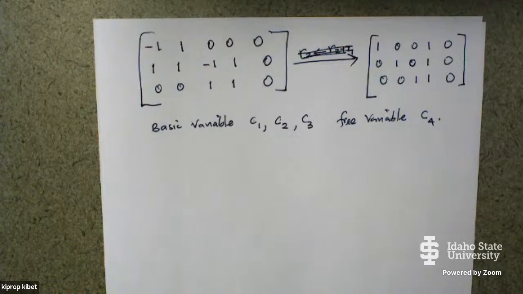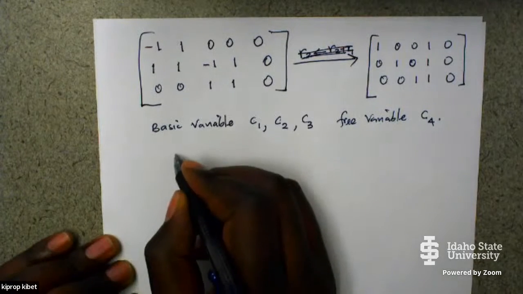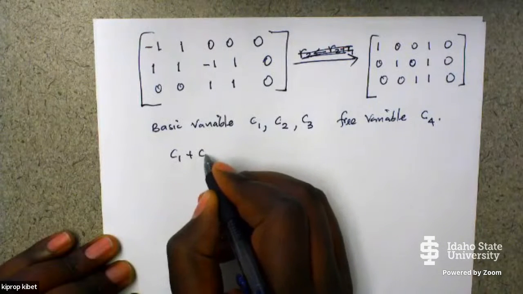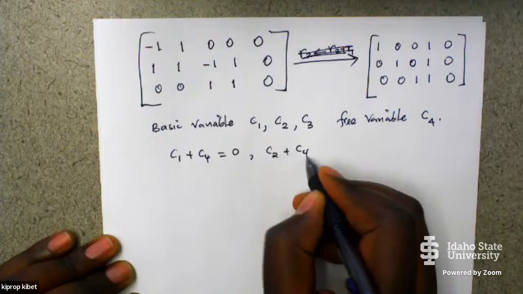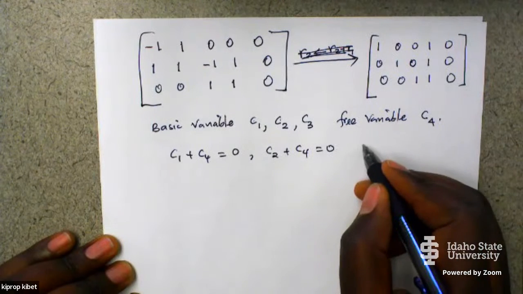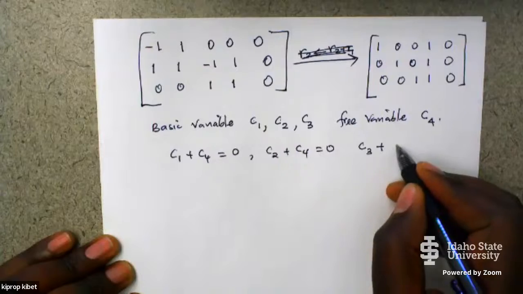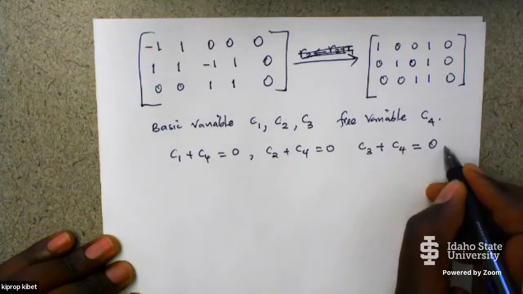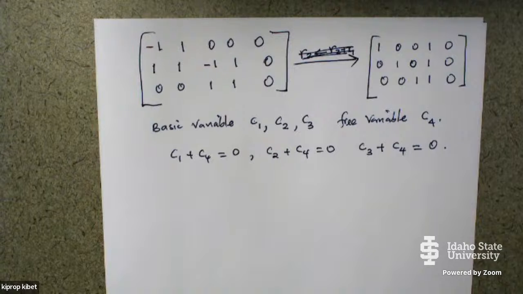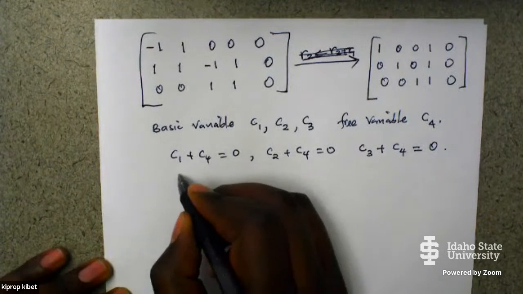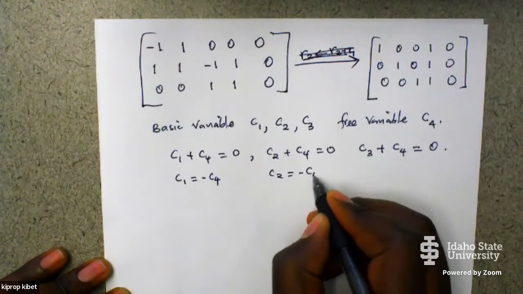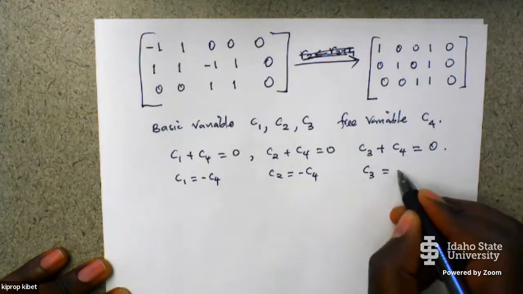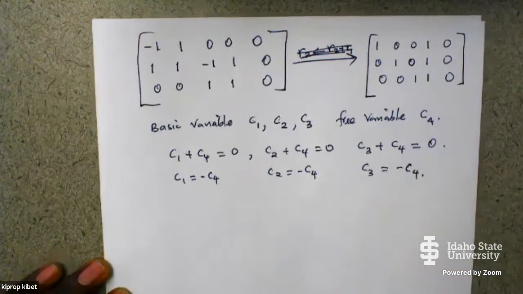Now, our new linear system will be C1 plus C4 equals 0, C2 plus C4 equals 0, and C3 plus C4 equals 0. So C1 equals minus C4, C2 equals minus C4, and C3 equals minus C4.